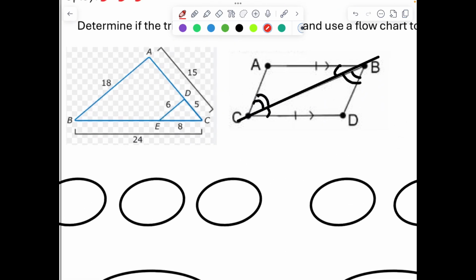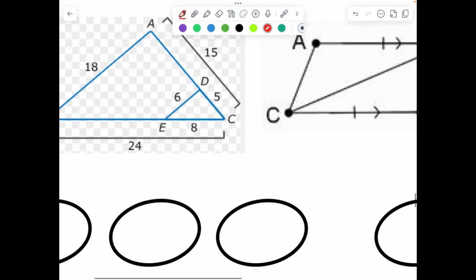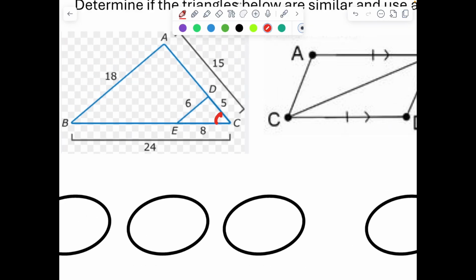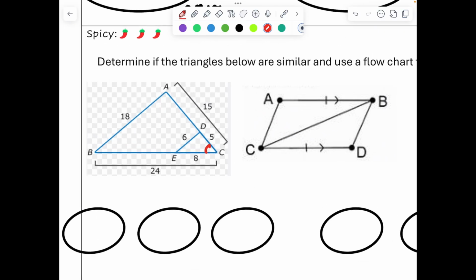All right, finally on to the spicy. Finally, I think we'll have some other than angle here. Both of these triangles share angle C, and then we have some sides. So we could do side, side, side, or side, angle, side. I'm going to do side, angle, side. So we have 8 and 24. So 24 over 8 is 3.